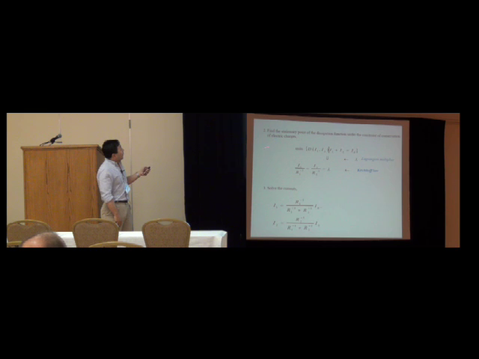Then we minimize this dissipation function under the constraint of total current. If you do that, you introduce a Lagrange multiplier associated with this constraint, and you minimize the dissipation function. What you get is just Kirchhoff law.